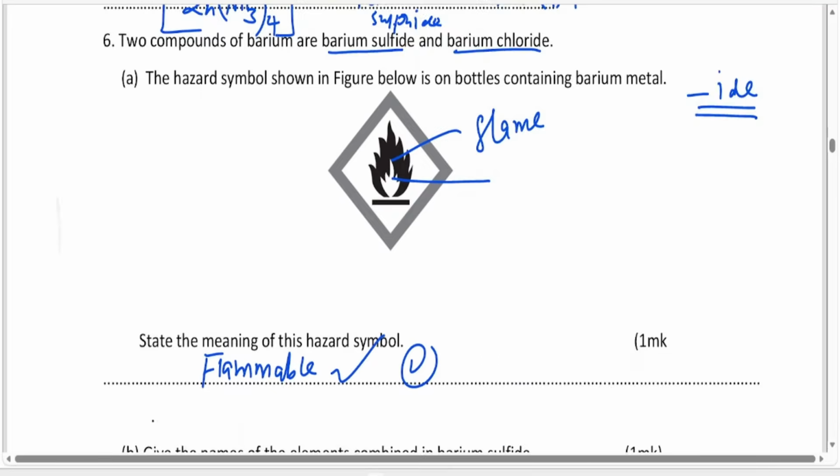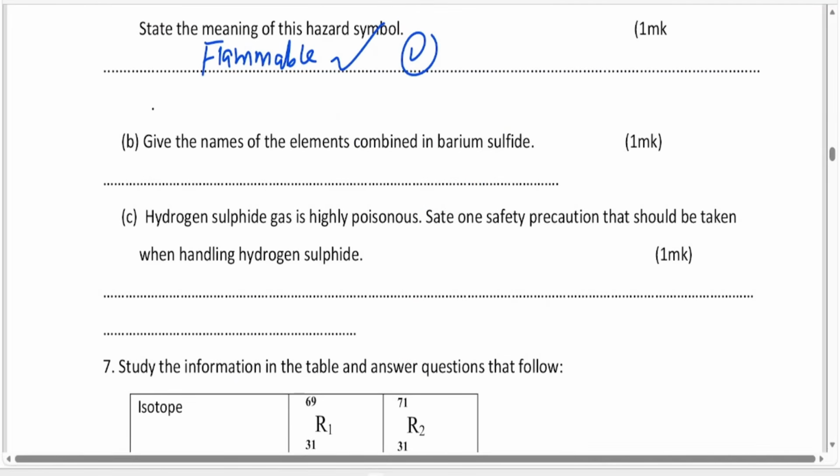We have barium and sulfur present in that particular substance. Please do not say barium and sulfide. Sulfide is the compound.